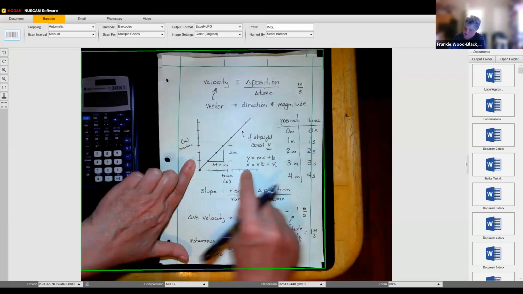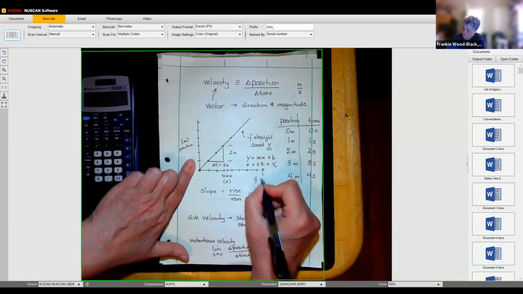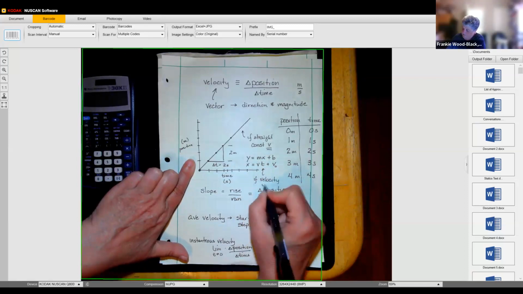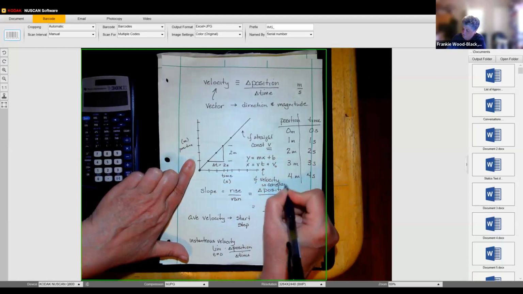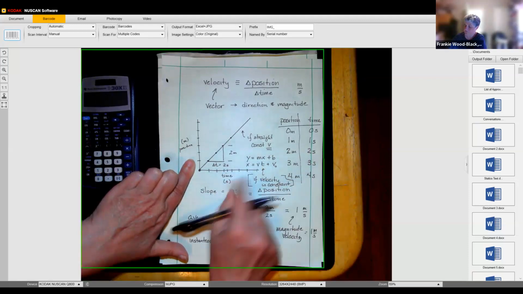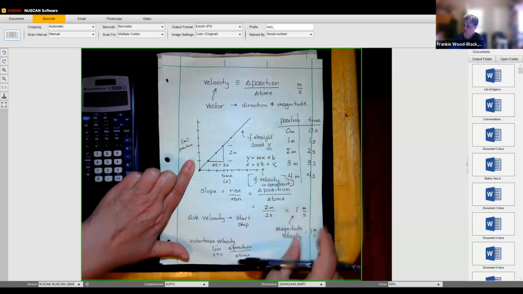So this is if velocity is constant. All right, so we've got an equation here for when velocity is constant.